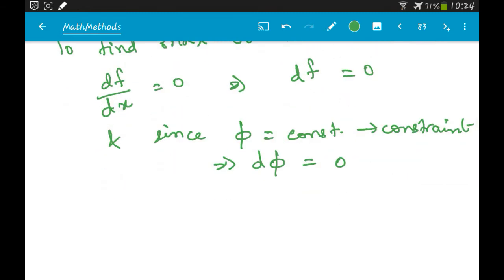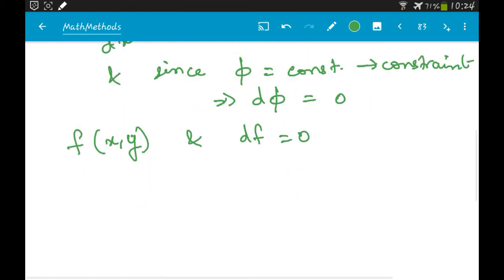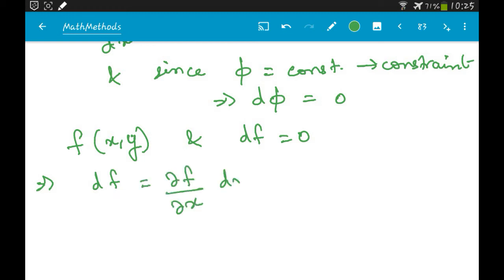So f is a function of x and y, and df is equal to 0. This gives us df is equal to dou f by dou x into dx plus dou f by dou y into dy equal to 0.